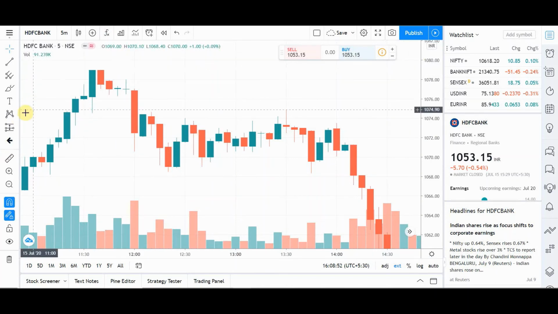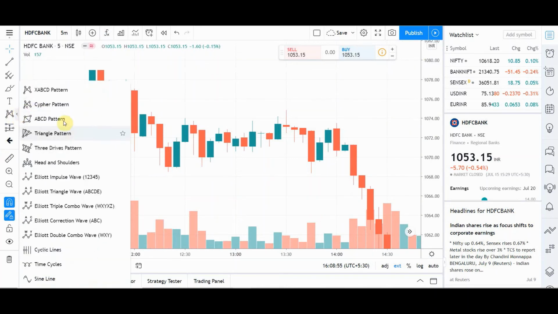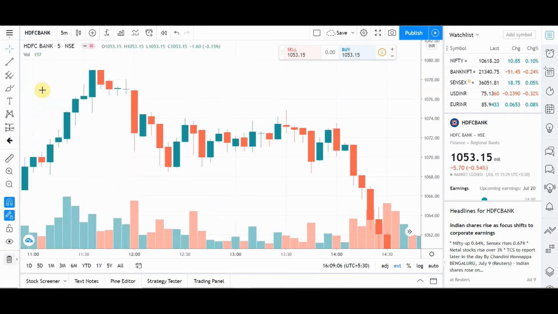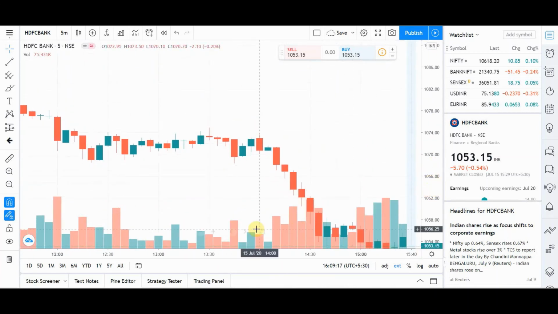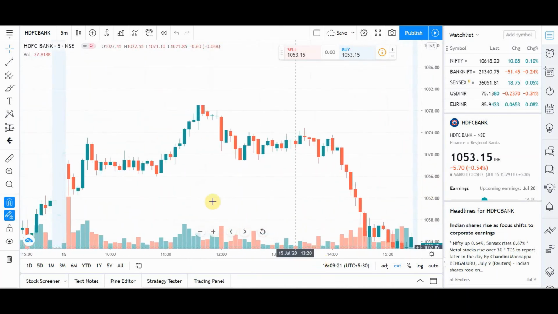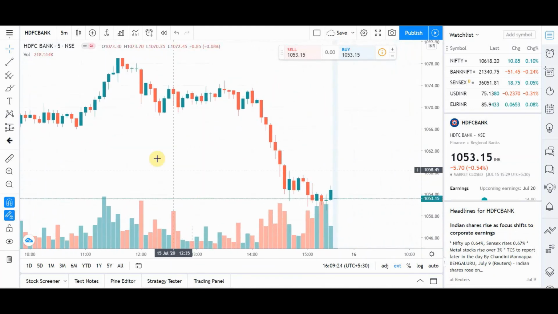So here we can see the different patterns, where we can type and draw the patterns accordingly: head and shoulders, three-track patterns, etc. We will discuss these patterns, how to draw them and how to trade according to them, in the coming videos. So this is the chart in TradingView. Unlike Upstox and other broking firms, these charts are very good for analysis.